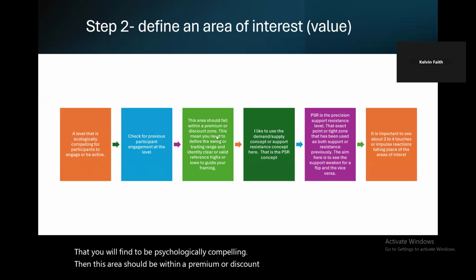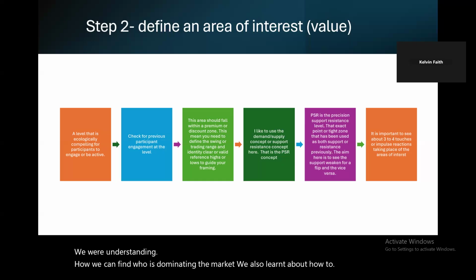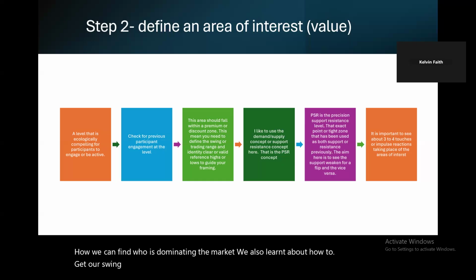So yesterday, when we were learning about the trend, and understanding how we can find who is dominating the market, we also learned how to get our swing structure or our range.